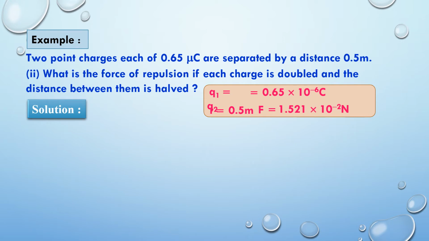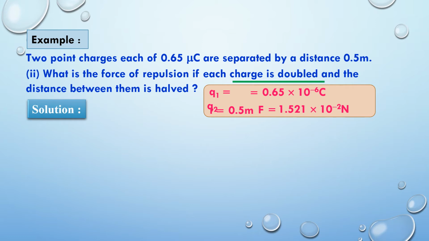Moving to the second part, you have to find out what is the force of repulsion if each charge is doubled and the distance between them is halved, where again distance between the two charges is 0.5, magnitude of the charge is 0.65, and we have just found that force is 1.521.